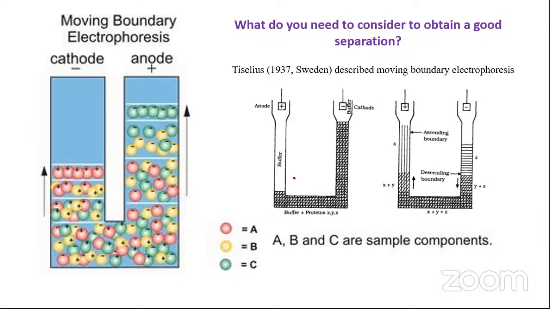Yes, sir. Right? So can this be worked out if it is a linear tube? No, sir. You cannot do it, correct? So they used the U-shaped tube. That's fine. But the problem is still not solved because the molecules are going to move in two opposite directions to two electrodes.